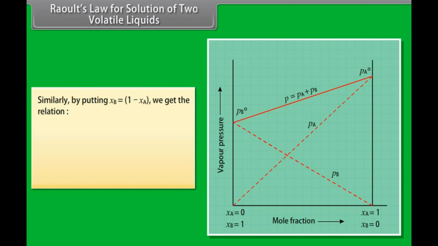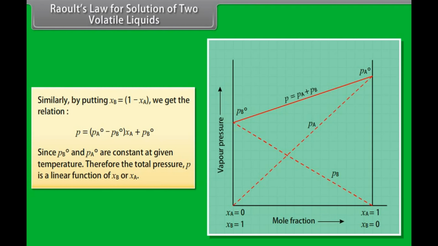Similarly, by putting XB = 1 − XA, we get the relation P = (PA° − PB°) × XA + PB°. Since PB° and PA° are constant at given temperature, therefore, the total pressure P is a linear function of XB or XA. Ideal solutions.